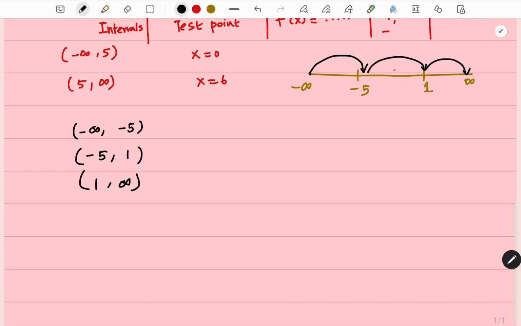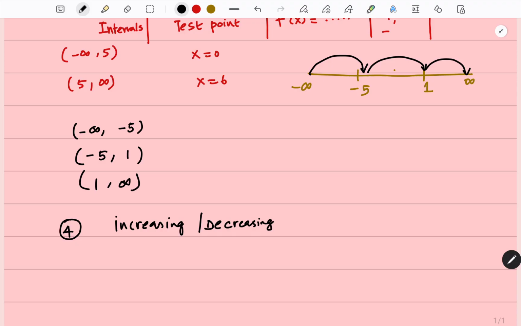Now the next is step number 4. After finishing this, you're going to consider increasing or decreasing, and then the local minimum or maximum. Let me tell you how you will get increasing or decreasing.